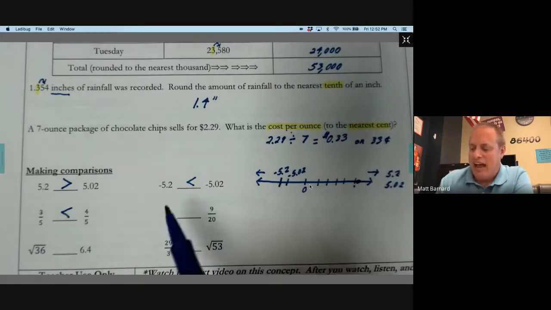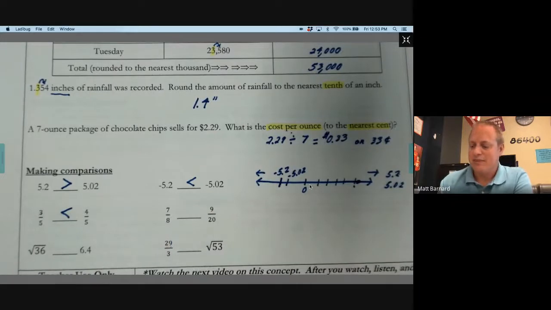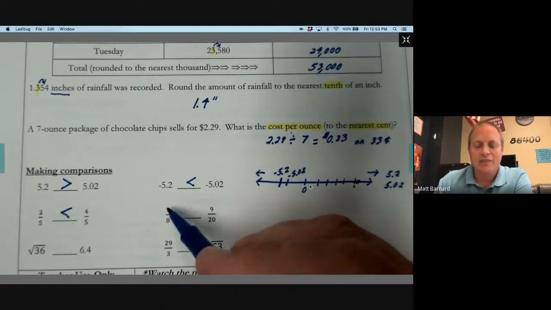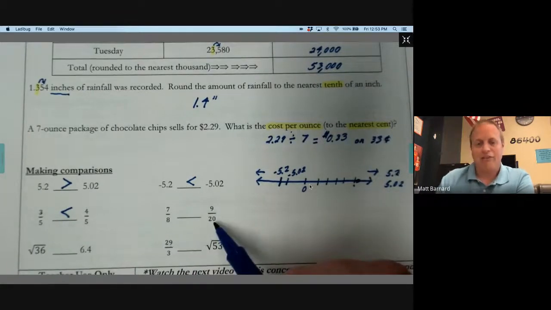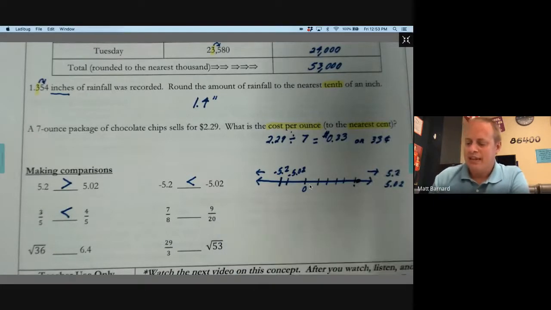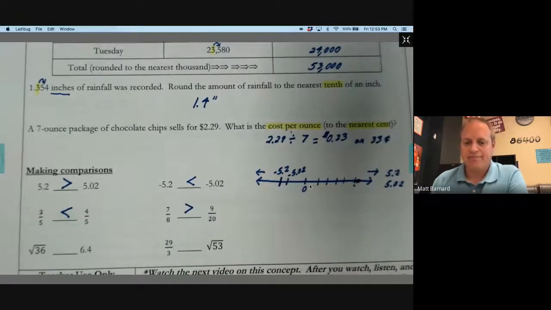What's half of 8? Half of 8 is 4, so 7/8 is more than halfway. What's half of 20? Half of 20 is 10. Well, 9 is less than 10, so 9/20 is less than halfway, meaning 7/8 is greater than 9/20.